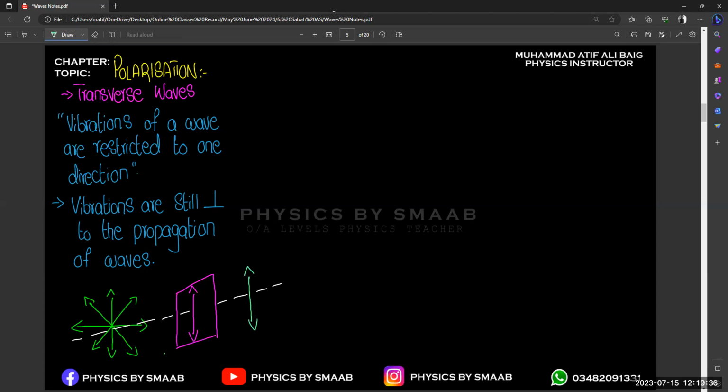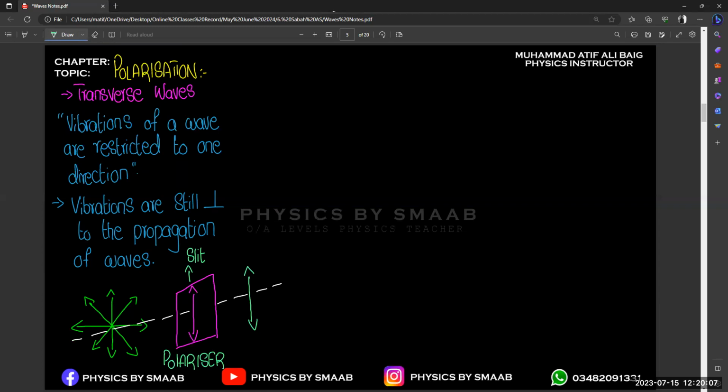So this is our polarizer material, and it blocks the other directions, because there is only a slit, so only the vertical vibrations are able to pass through.